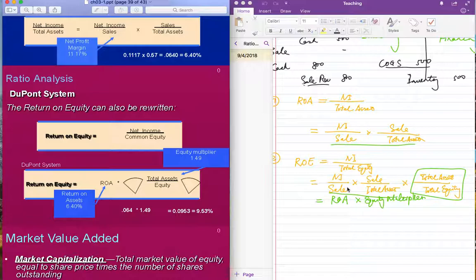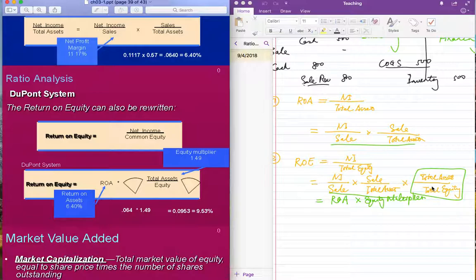Return on assets can be further disaggregated into two parts, as we can see in the ROA, our first DuPont formula. ROA can be separated into net income divided by sales, the net profit margin, multiplied by total assets turnover. So that is return on assets multiplied by the equity multiplier.